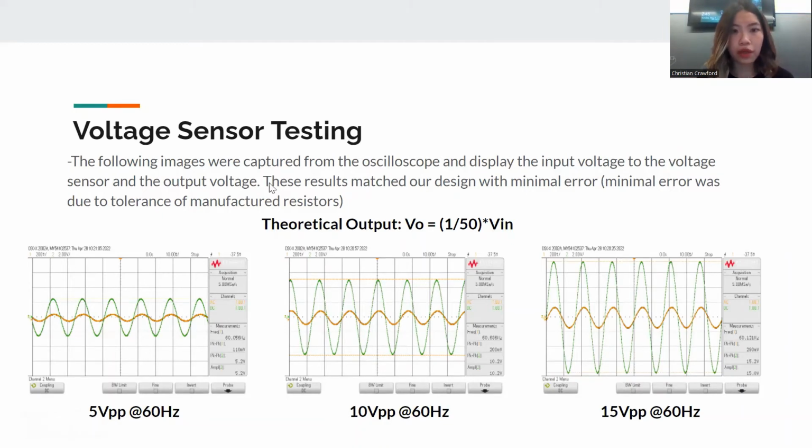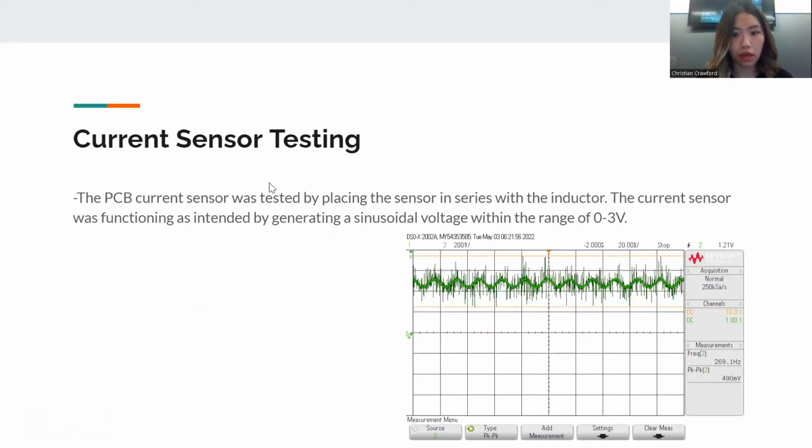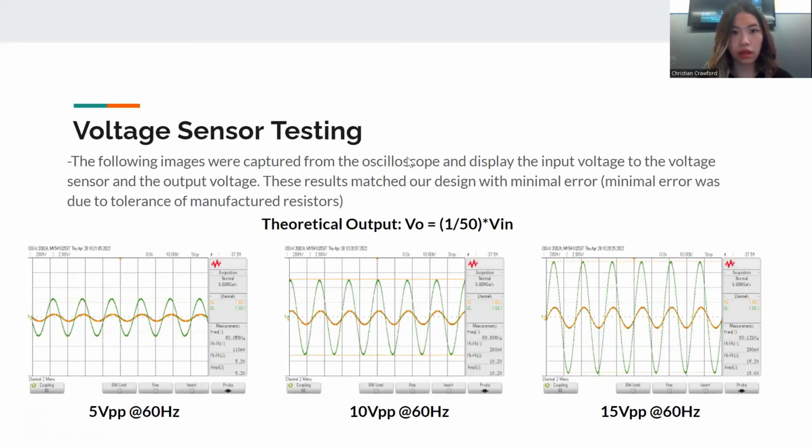The three figures below were captured from the oscilloscope in the open lab. They display the input voltage and output voltage of our voltage sensor. The result matched with our design with minimal error, which was due to the tolerance of the resistors.